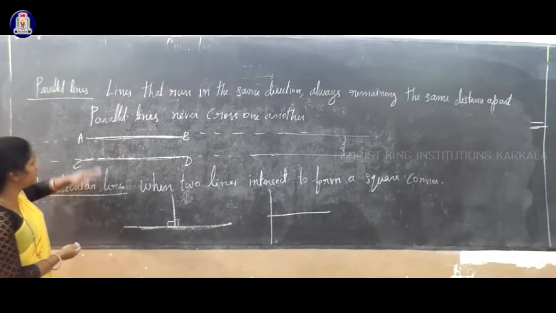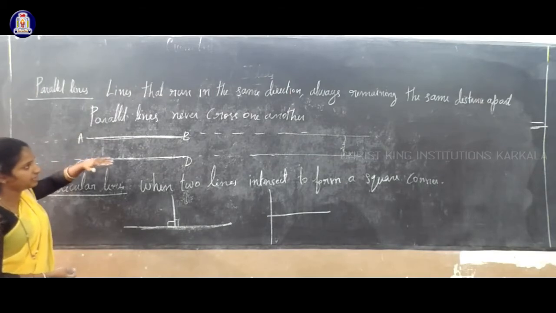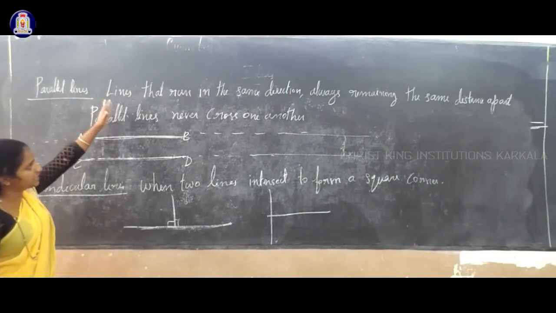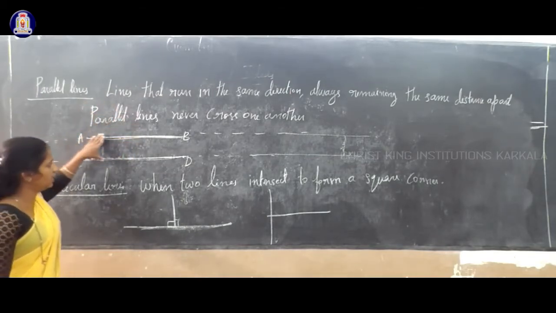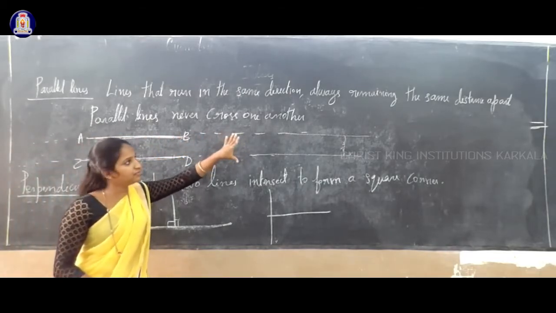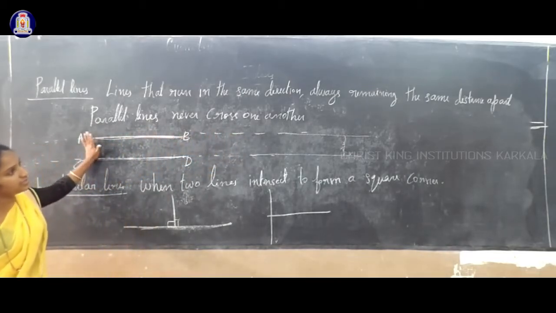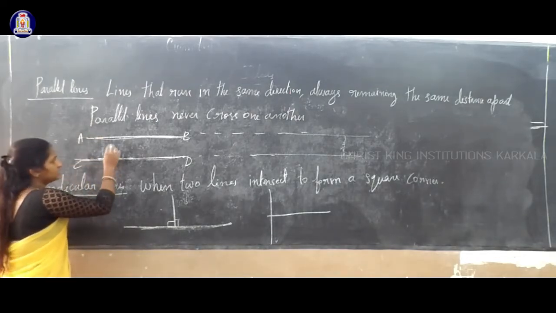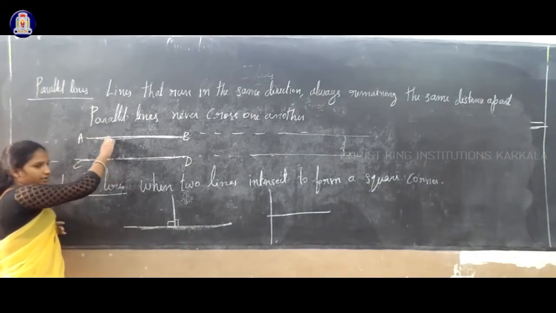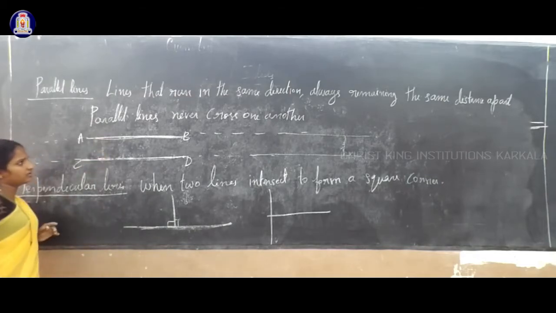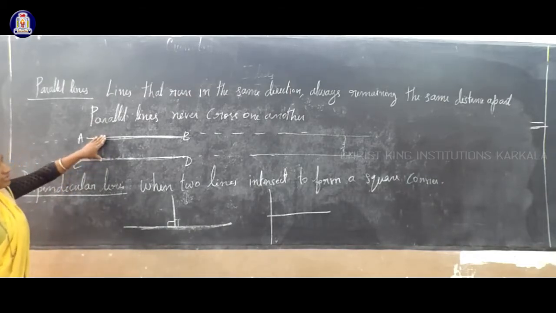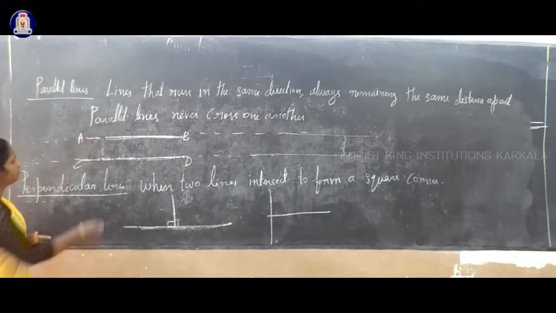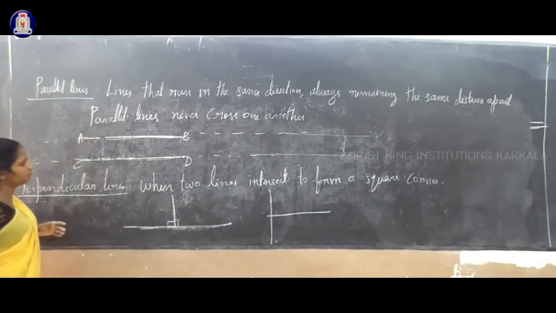The distance between AB and CD remains the same. So parallel lines are lines that run in the same direction, always remaining the same distance apart, the distance between AB and CD remaining the same. This is what parallel lines are.